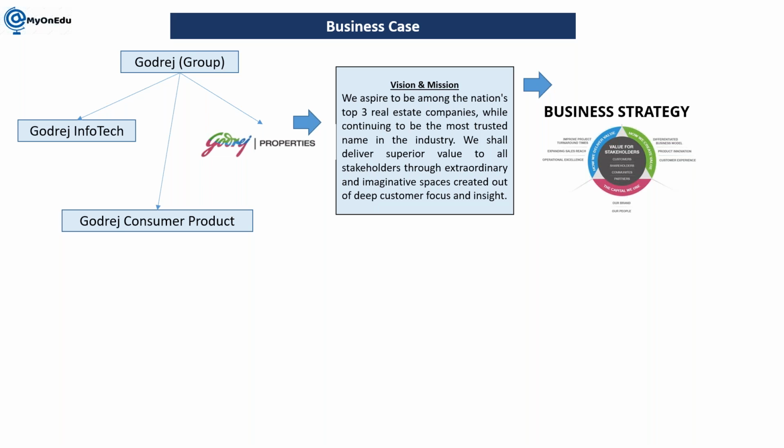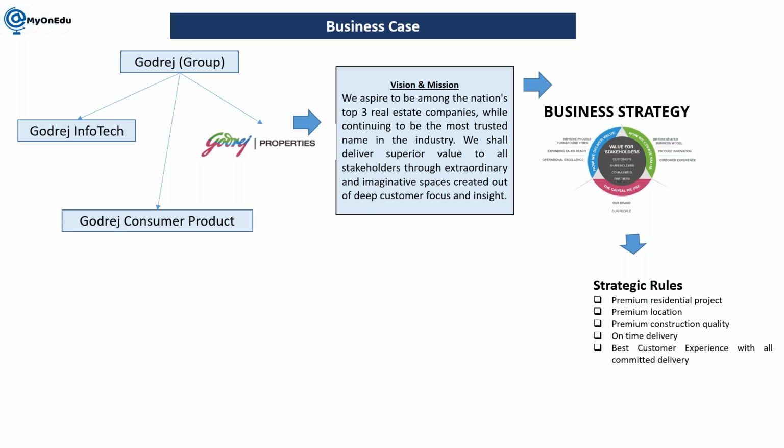So to achieve their vision and mission, they have to follow these rules. That is my business strategies. Here we are calling them the strategic rules also. They are executing premium residential projects, they are not executing any malls, so they focus mainly on the residential business.